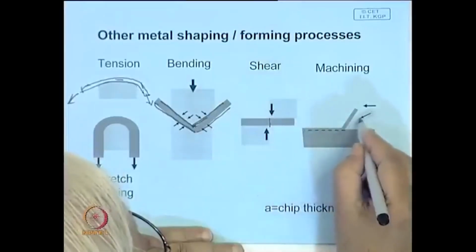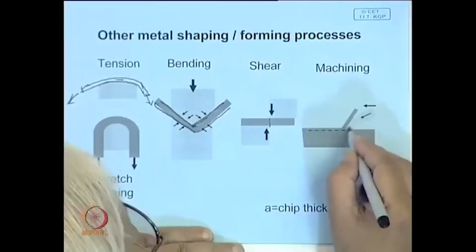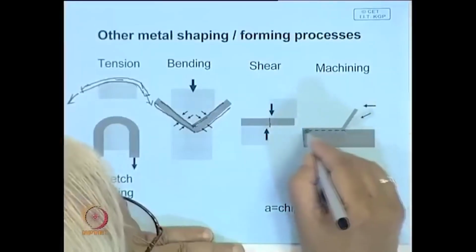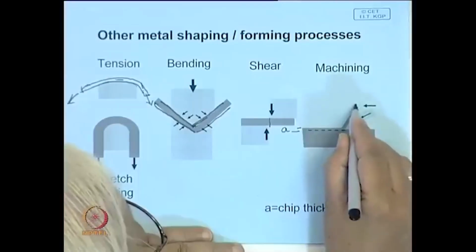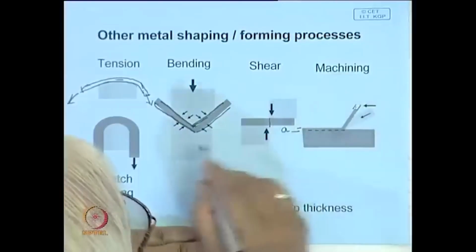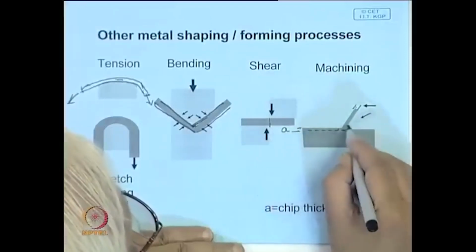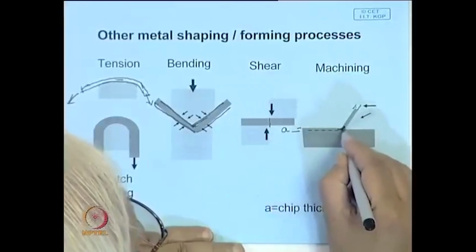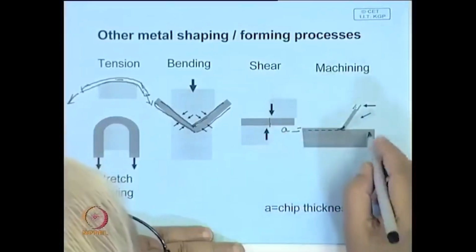Similarly, when you are machining, the tool cuts into the metal, it penetrates into the metal, and this is the chip thickness which comes out. And your deformation zone is of the same order as this chip thickness.